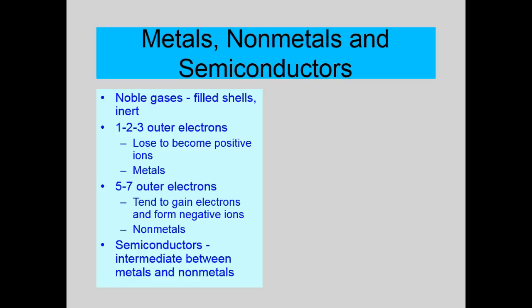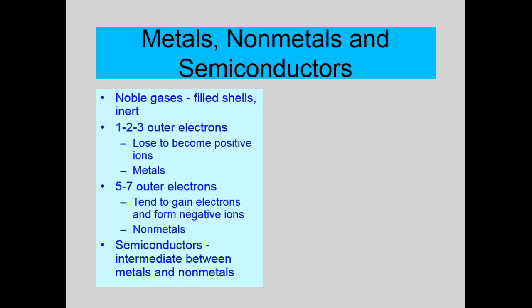Okay. Now, when you have 1, 2, or 3 outer electrons, you tend to lose those really easily. That would be your 1As, alkali metals, 2As, alkaline earths, and even the 3Bs will tend to lose electrons pretty easily, becoming positive ions.